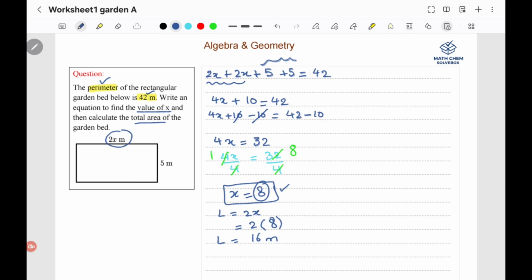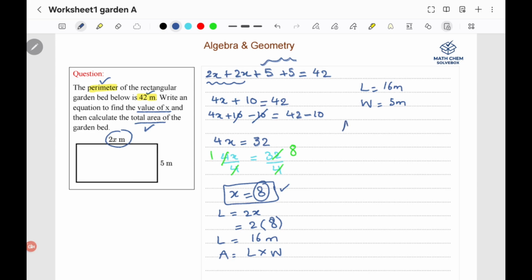Now we have to calculate the area. So area is length times width. So L is 16 meter and width is 5 meter.